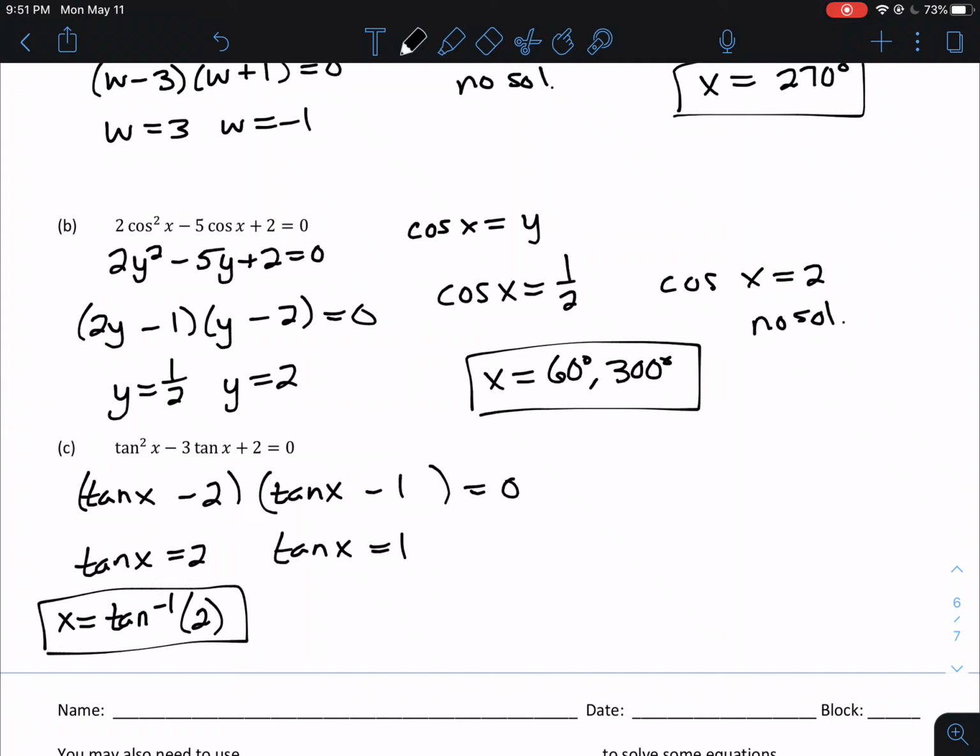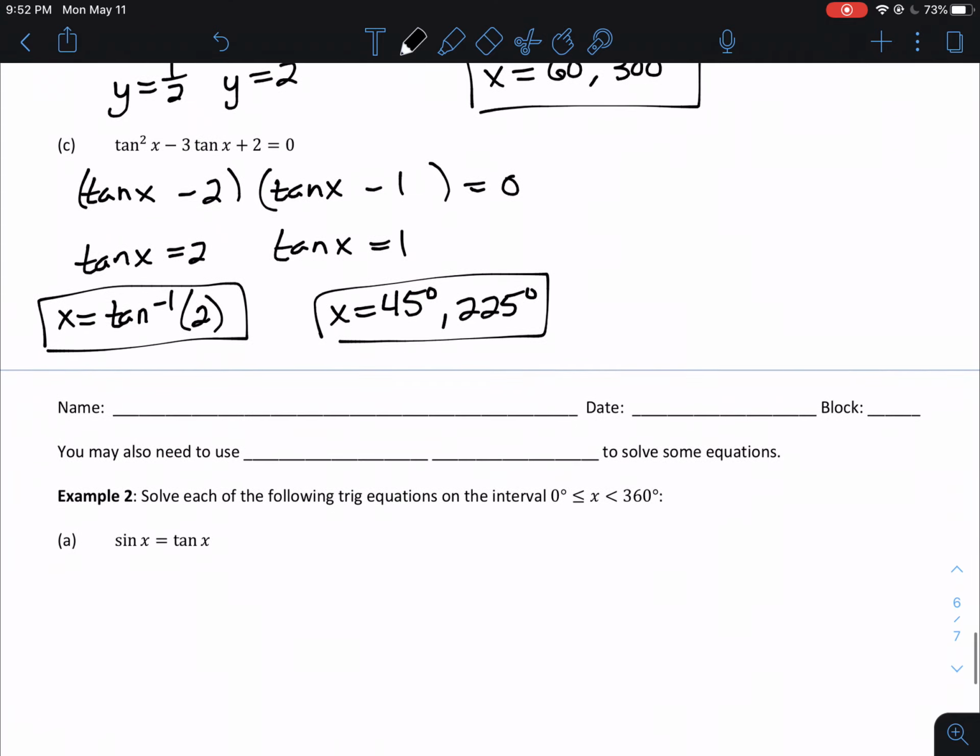The other one, where tangent of x is equal to 1, happens at 2 different places. That happens where x is equal to 45 degrees and where x is equal to 225 degrees. So you actually end up with 3 solutions, one of which is going to be a decimal. So I'm going to leave that as inverse tangent of 2 and let you find the decimal for yourself. The other 2 are exact answers, so 45 degrees and 225 degrees.